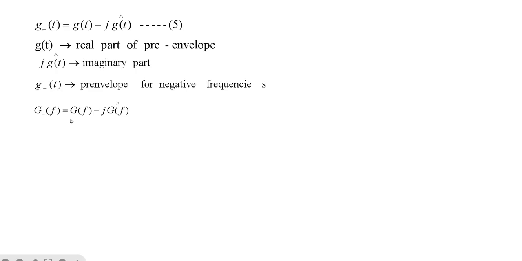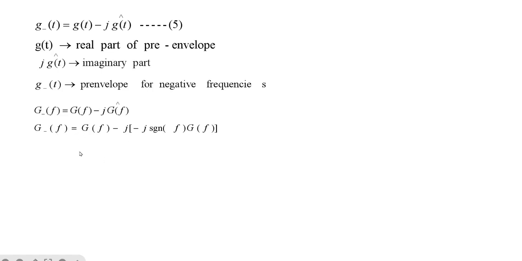So this will be g minus of f is equal to g of f minus j g cap of f. Now again, we will substitute for g cap of f here. So g cap of f is nothing but minus j signum function into g of f. So we have to simplify this. Minus into minus is plus, j into j is j square, which is minus 1. So now here we'll not get plus 1, we'll get minus 1.